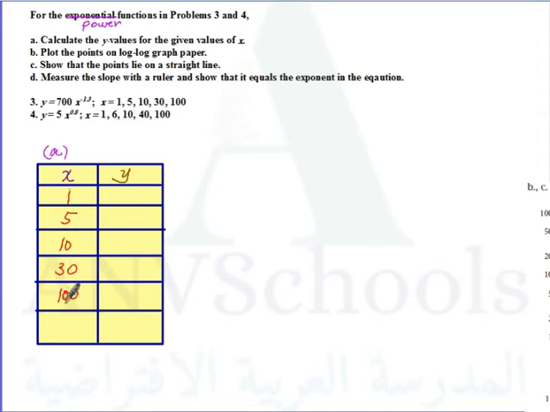According to my equation, my function is 700x raised to negative 1.3. So if my x is 1, then my y is 700.